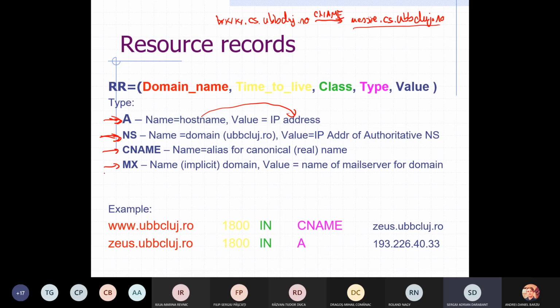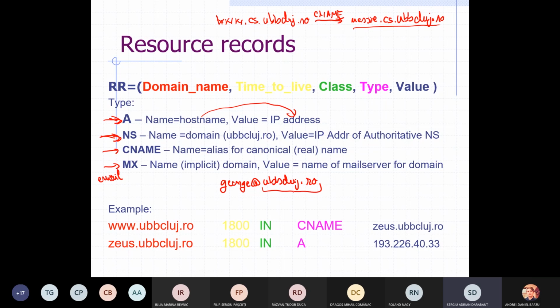MX, it's email. Well, this one is part of the mailing system, the way email is working. We will discuss briefly about it. It tells me for a given domain who are the email servers where I can send email, for example, when I'm sending email to george@ubbcluj.ro.